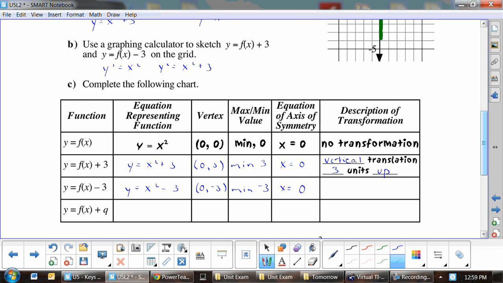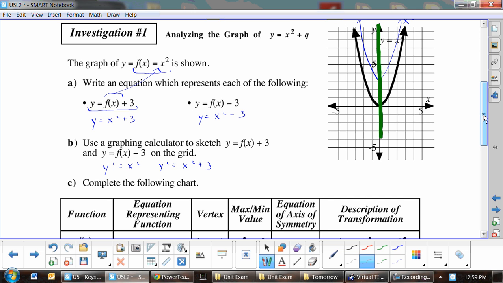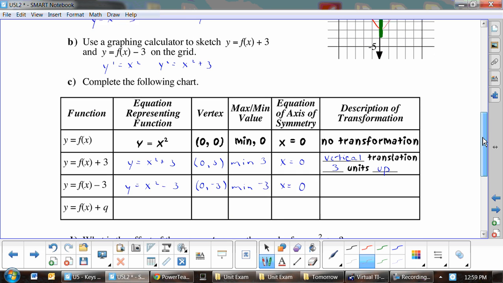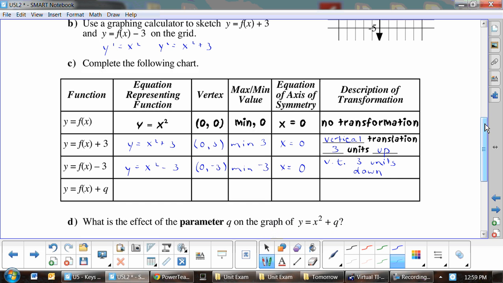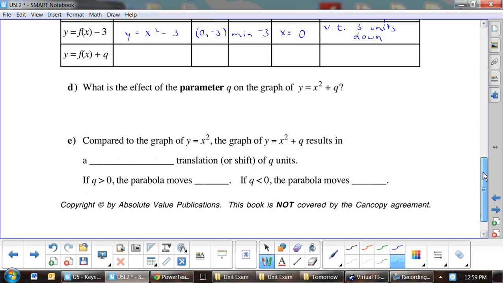Stay the same, right? Because all we've done now is that we've moved our graph down 3, like this. Okay. And then how would we write this in words? Okay, so I'm just going to write VT, and then, yep, 3 units down. You got it.